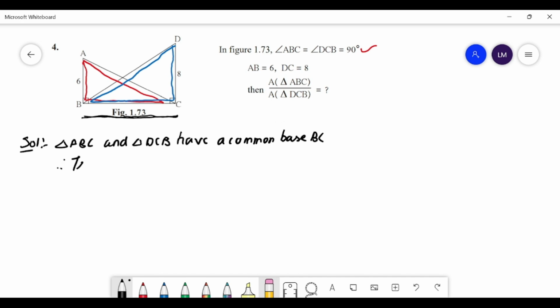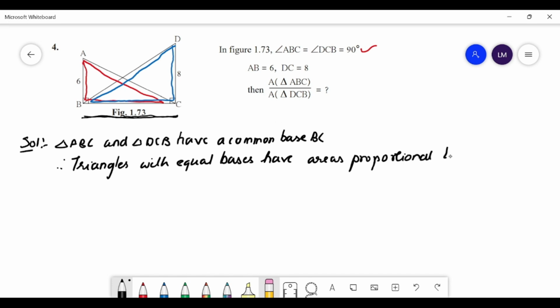Therefore, triangles with equal bases have areas proportional to their corresponding heights.